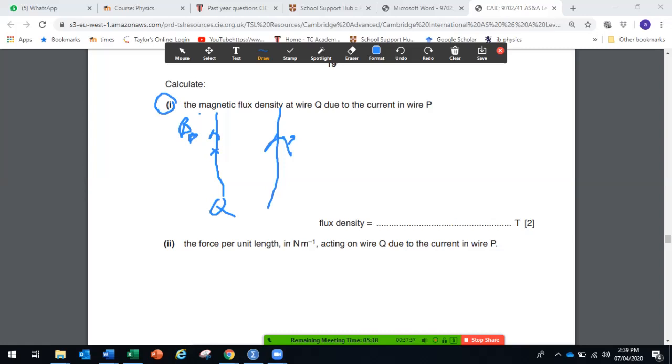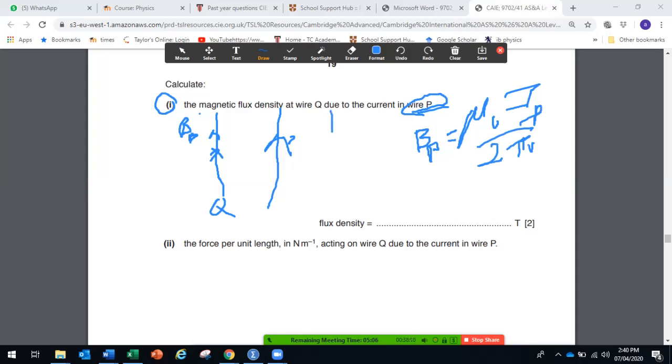Of P. So you are looking for the magnetic field of P, right? The position is at Q, but the strength, magnetic field of what? Magnetic field of P, because of the current of P. So for the magnetic field of P, the formula is mu naught I over 2 pi R, right? So the I, you must use the I of P. So that's why in the first question, use I of P.